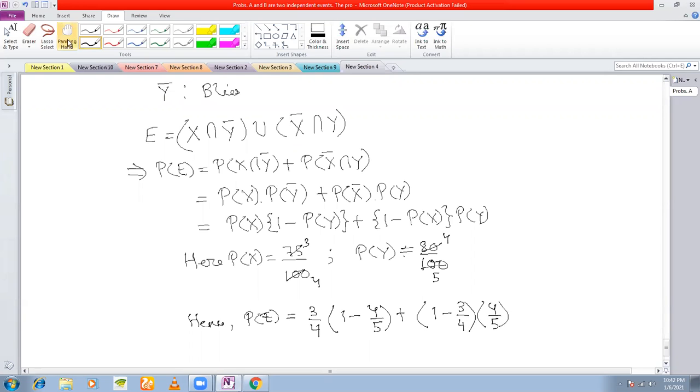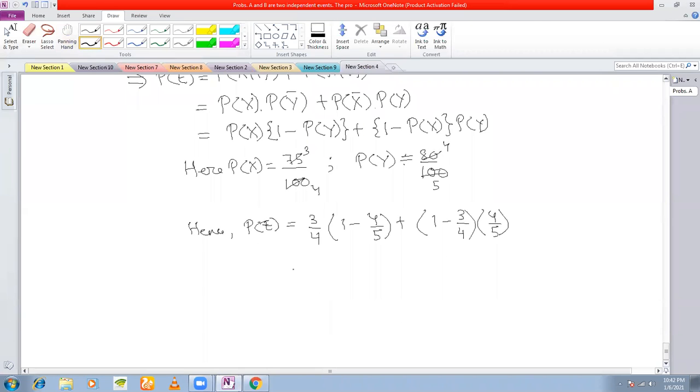That's it, which is equal to 3 by 4 into 1 by 5 plus 1 by 4 into 4 by 5. Take the LCM: 3 plus 4 divided by 20, which is 7 by 20.